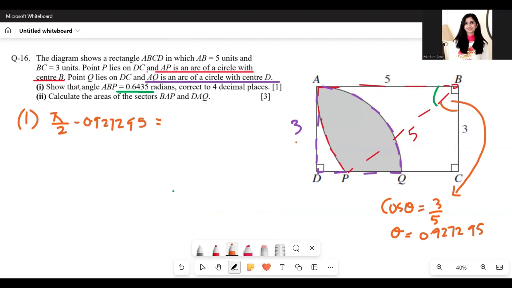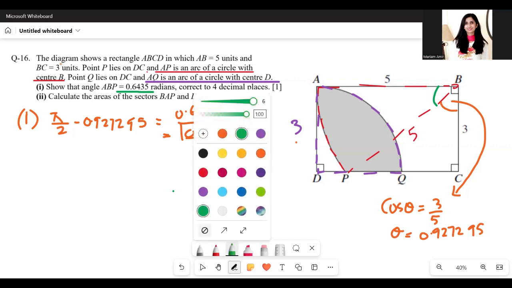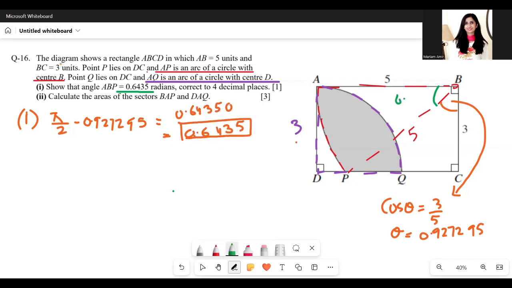That would give 0.64350, and when you round it off, you get 0.6435 as shown. Okay, so this angle came out to be 0.6435.